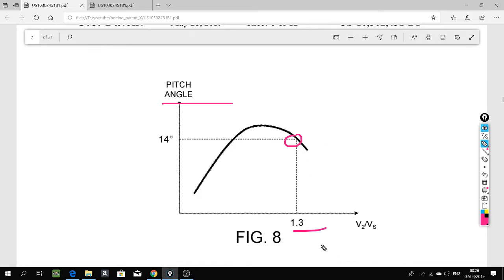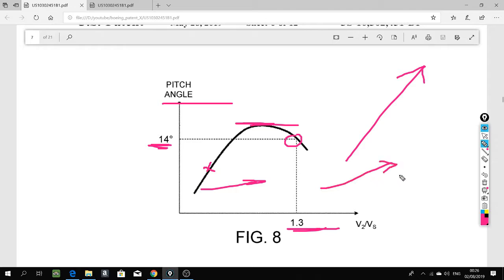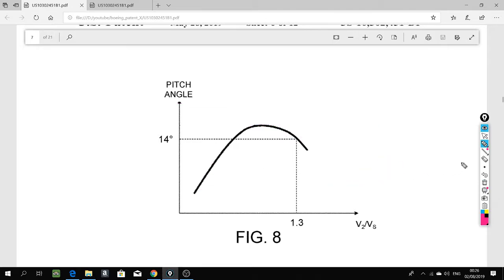So here they have said that for 1.3 V2 over Vs speed, the pitch angle is around 14 degrees, right? Of course here the pitch angle will be very high, the aircraft will be in a very steep rising position, right? So it's not very high, it's not very low. Here it's a very low sort of pitch angle, something like this. Here is quite optimum, right? You can think of it this way. So this was our third graph, right?